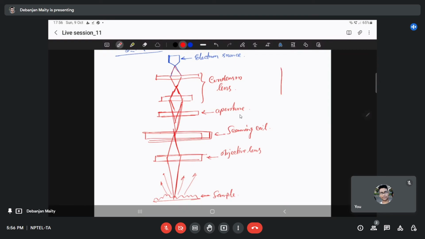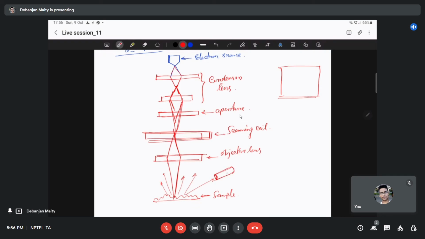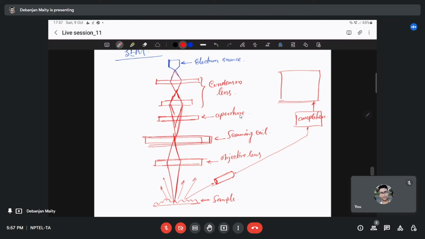And then here you have your system. There can be a detector over here which can detect these secondary electrons, and there can be an amplifier which will amplify the signal, and you can see the SEM image of your specimen.